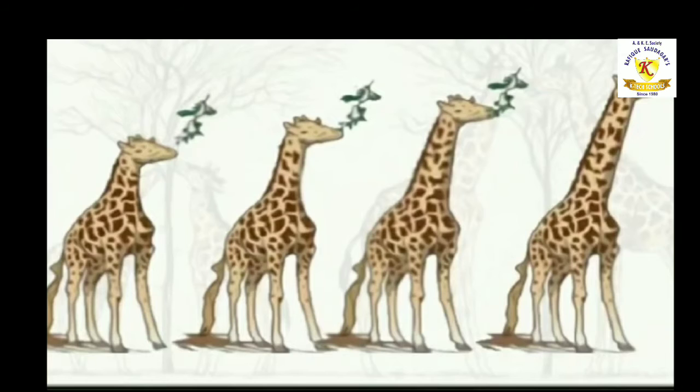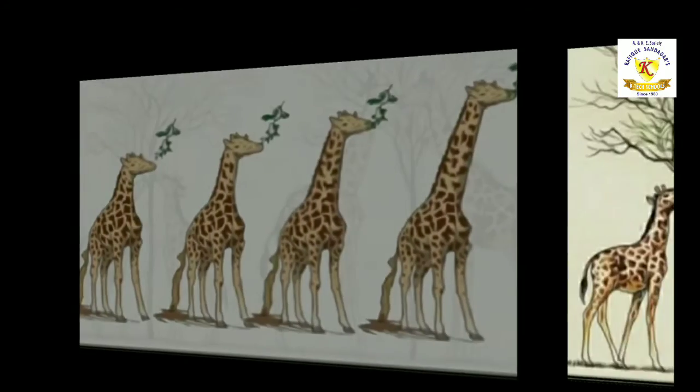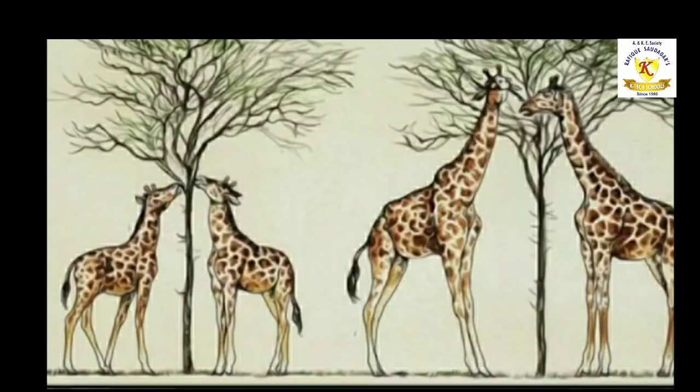What did the giraffe used to do? Extend their necks. This would happen for several generations, and for this reason the neck of the giraffe has become too long. Why? Due to browsing on leaves of tall plants by extending their necks.